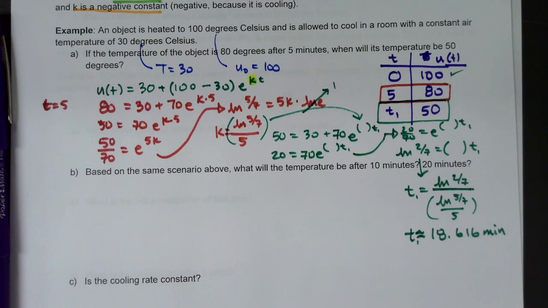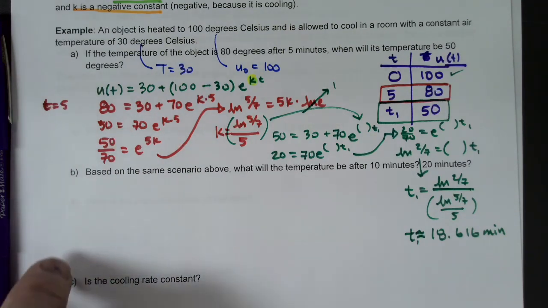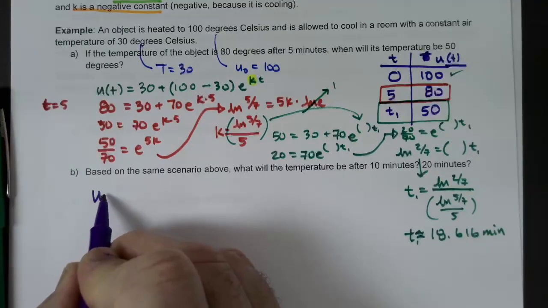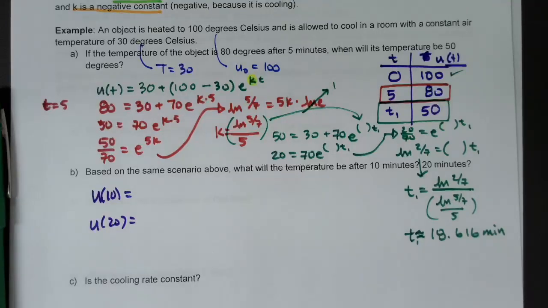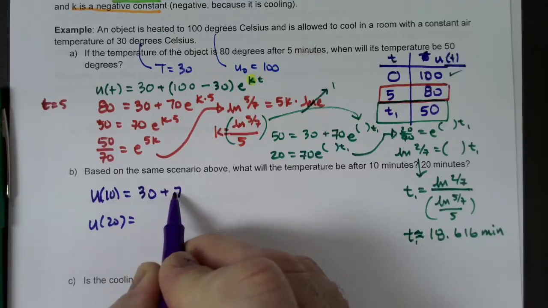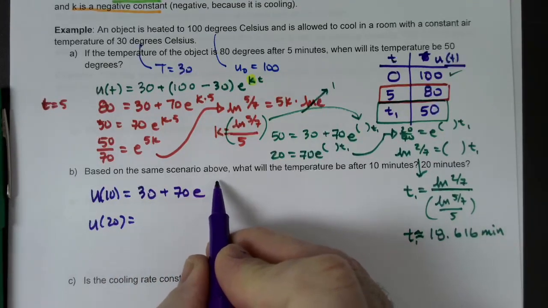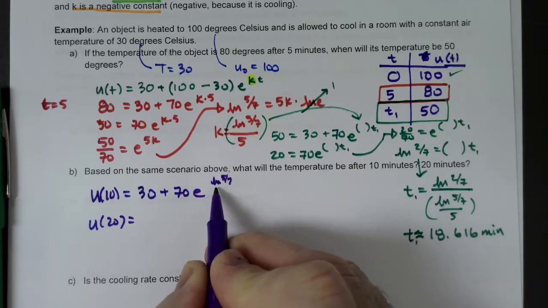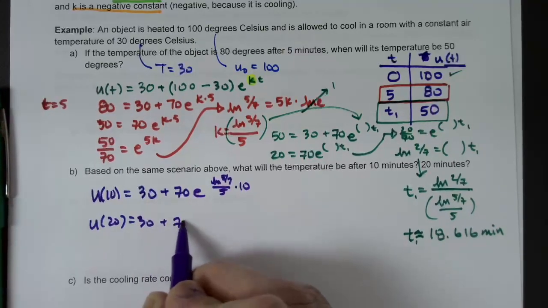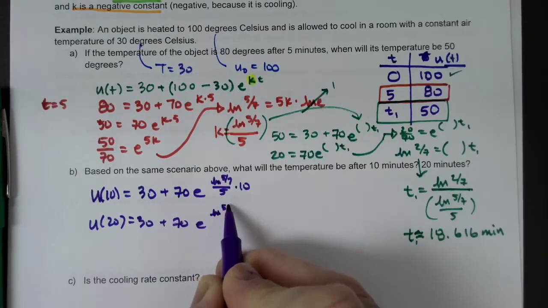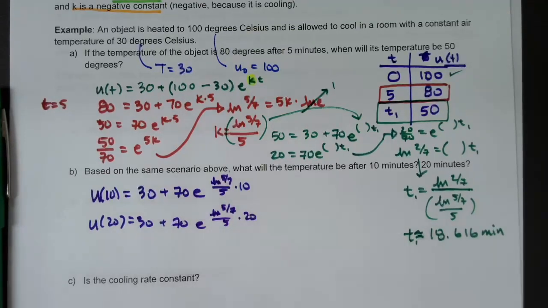Next, it says, hey, let's find the temperature when the time is 20 minutes and 10 minutes. So in this case, it's just going to be a U of 10 and a U of 20, which would be 30 plus 70 e to the natural log of 5/7 divided by 5 times 10, and 30 plus 70 e to the natural log of 5/7 divided by 5 times 20.